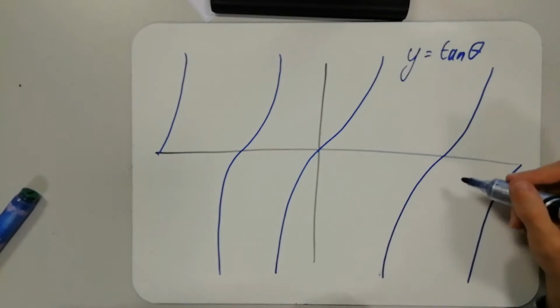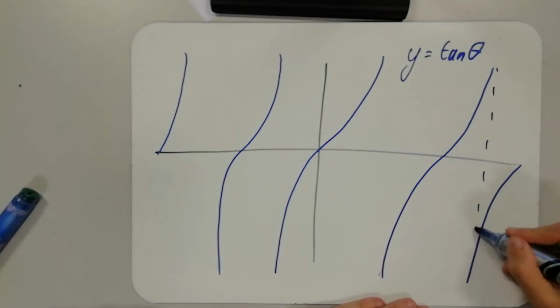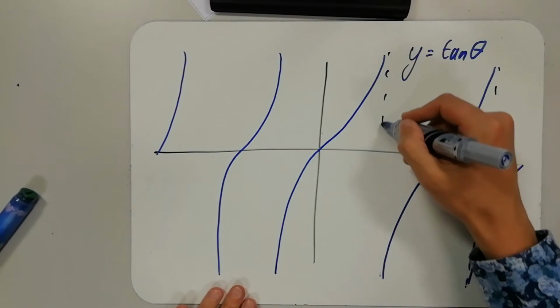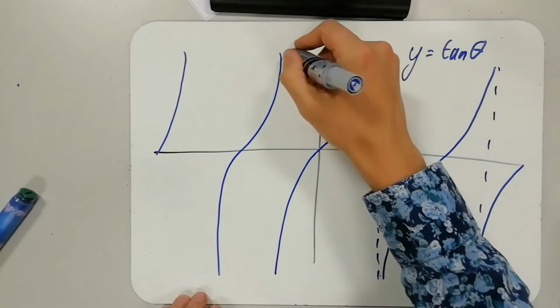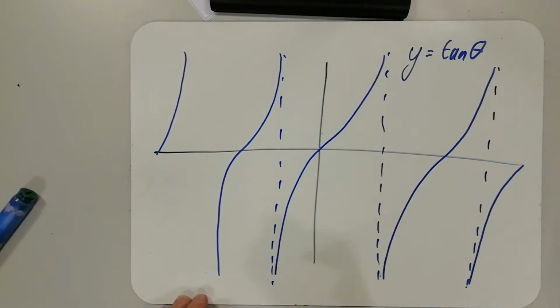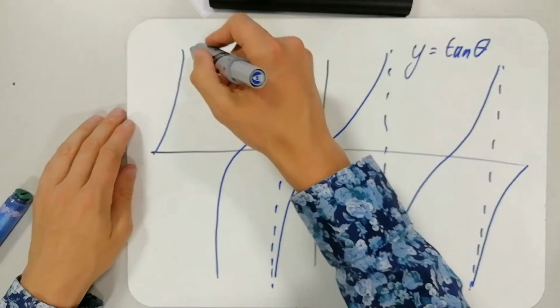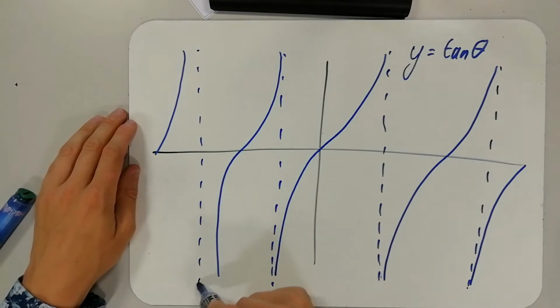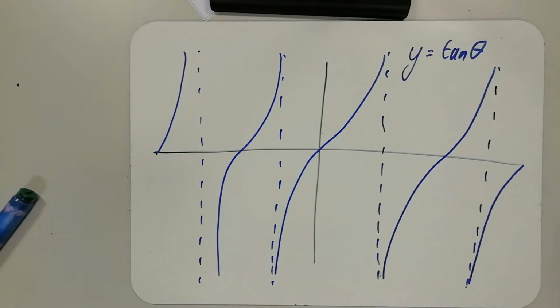Okay, so again, it should be vaguely symmetrical and there should be asymptotes. Usually I'd advise drawing the asymptotes first, because otherwise you get not very straight asymptotes, as I've got here. But the idea is there.